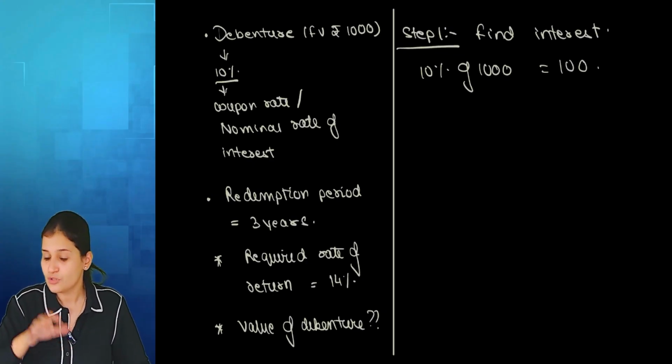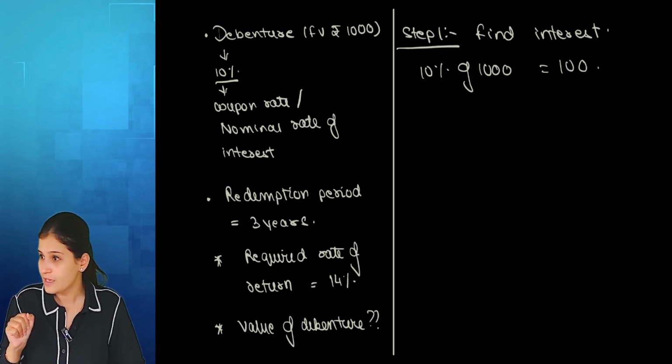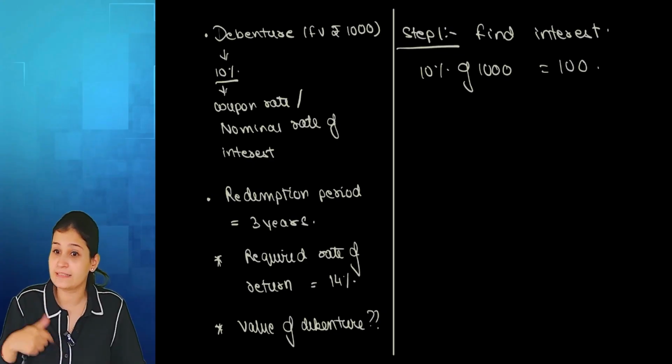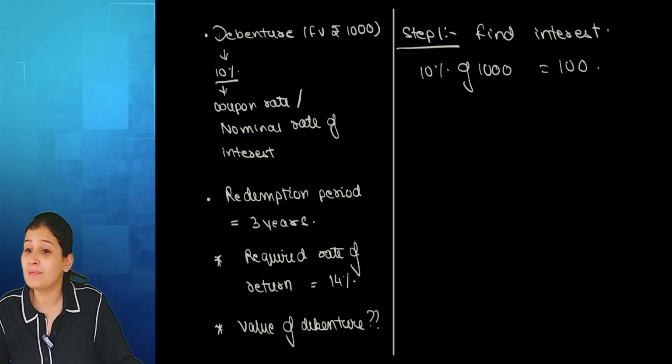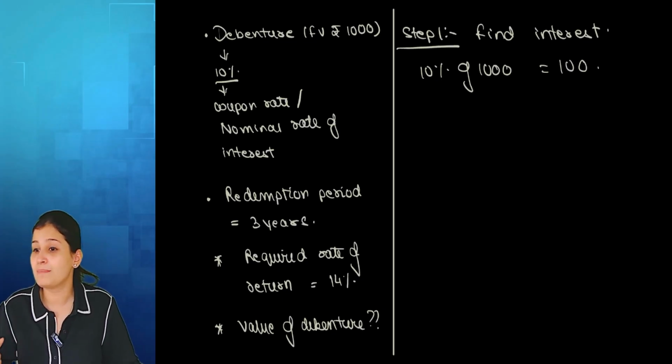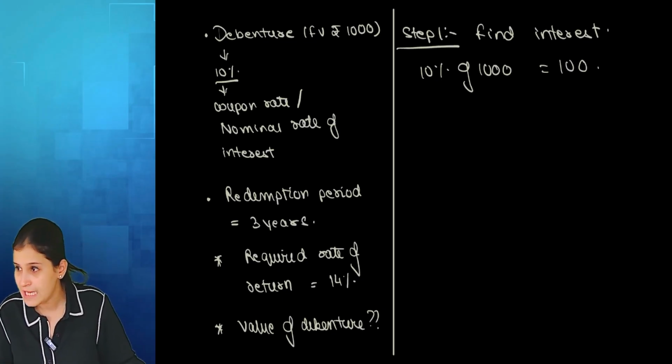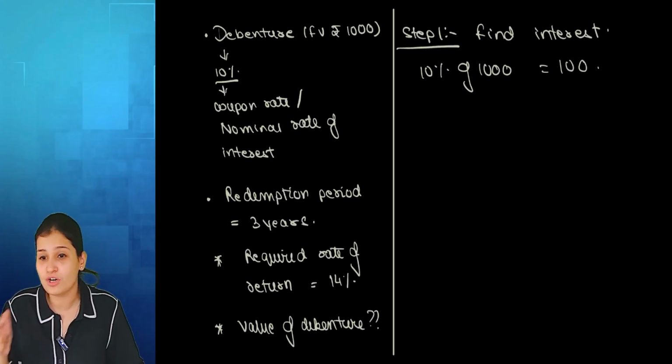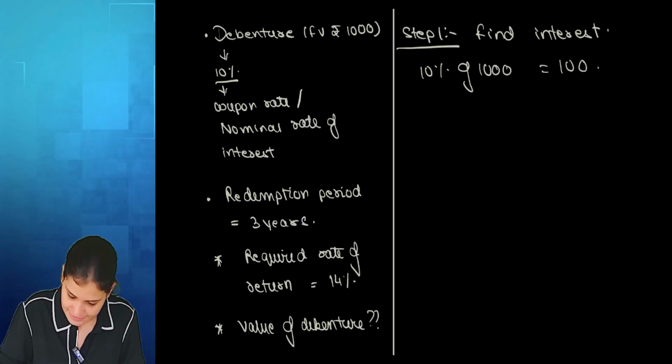When finding the present value, it will be under the concept of annuity, because we are talking about interest receivable multiple times. Whenever we have multiple payments, we talk about annuity. And since we are drawing a comparison, we'll always find present value. Step 2.